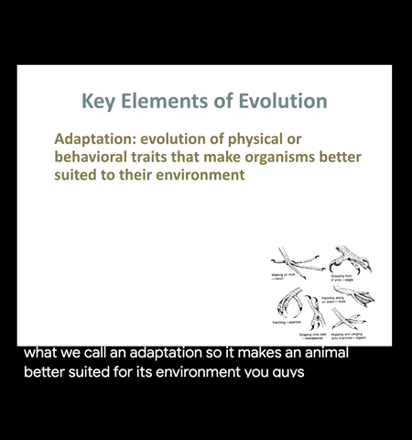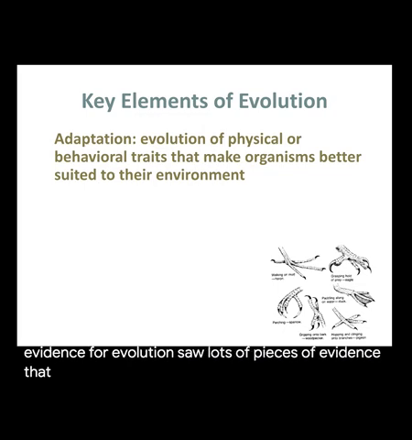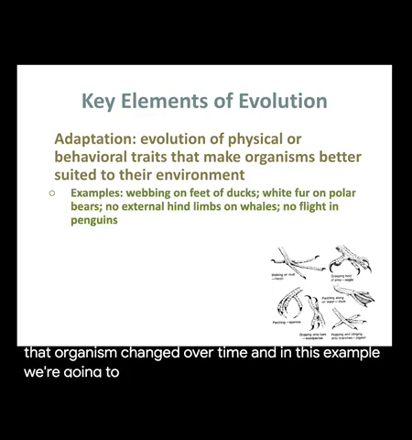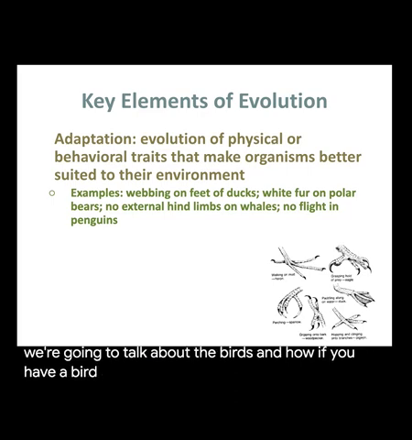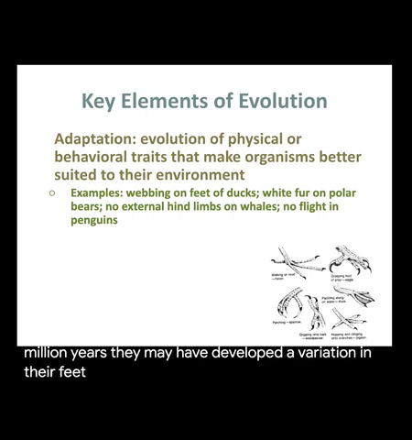You guys, in your evidence for evolution, saw lots of pieces of evidence that organisms changed over time. In this example, we're going to talk about birds. If you have a bird that's living in or near water, over 50 million years they may have developed a variation in their feet that allows them to survive better in the water.